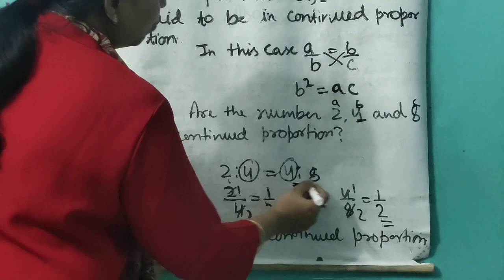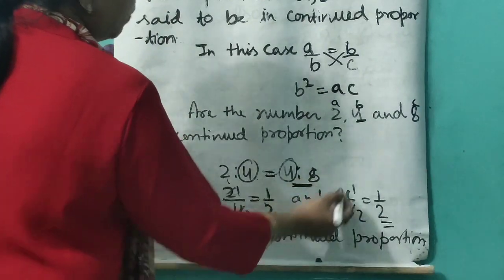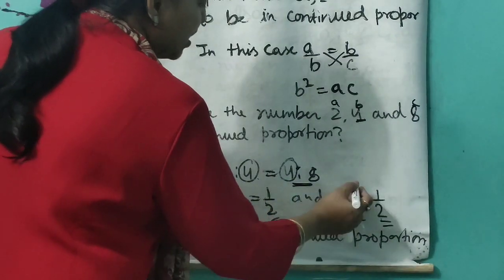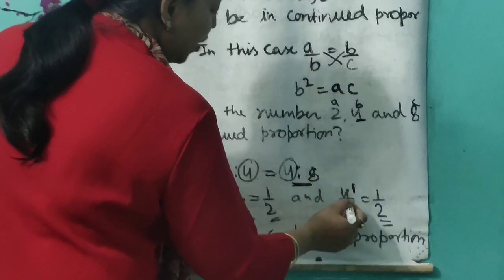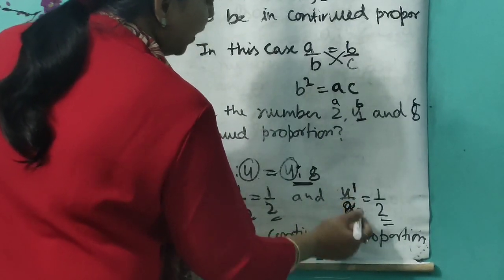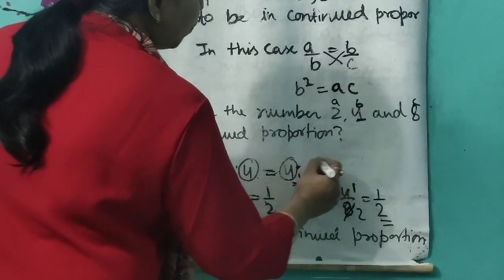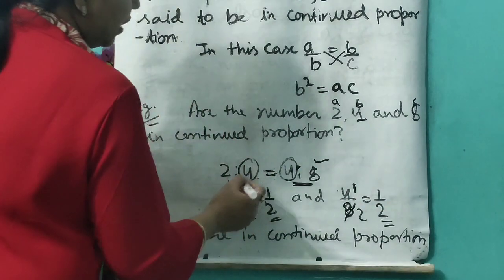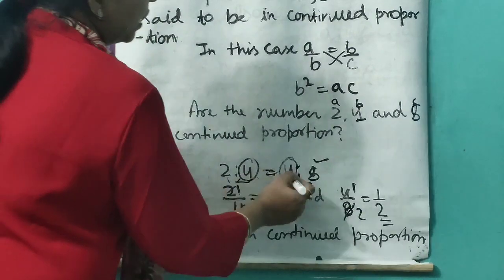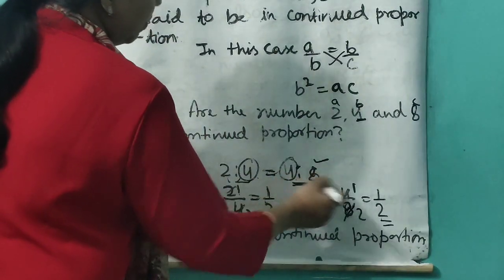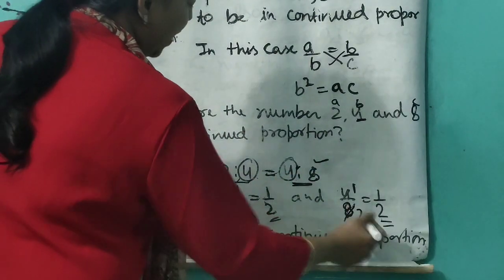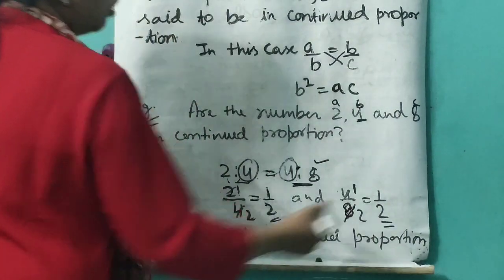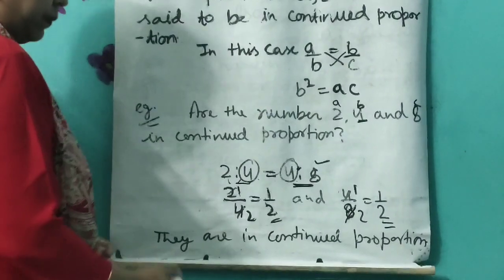Write it also in simplest form. 4 by 8 means 4 ones are 4, 4 twos are 8. When you simplify 4 by 8, you get 1 by 2. It means A is to B is equal to B is to C. Both are equal, so they are in continued proportion.